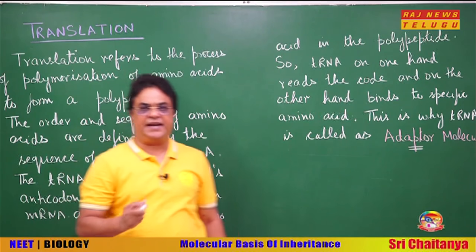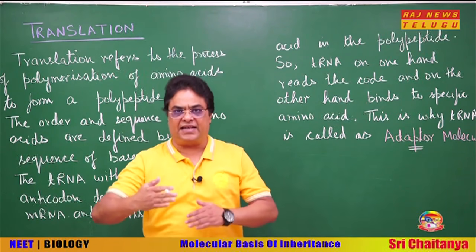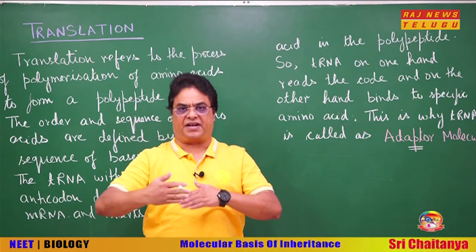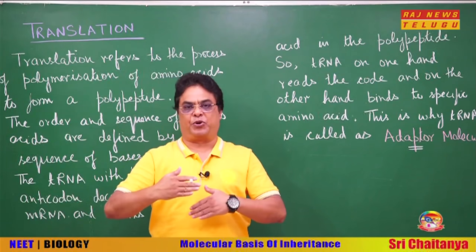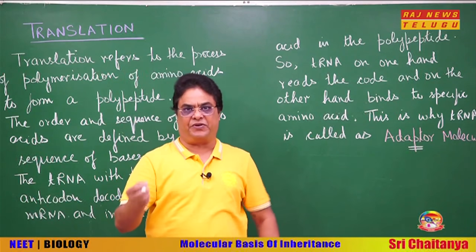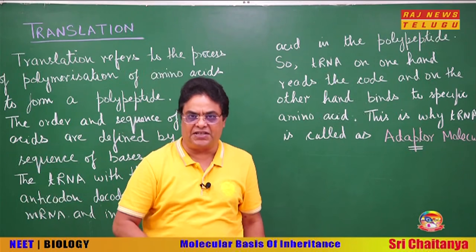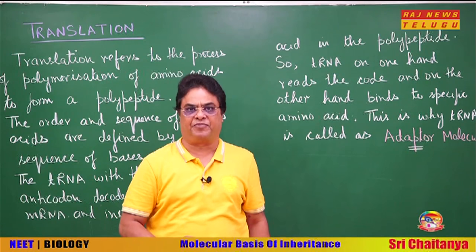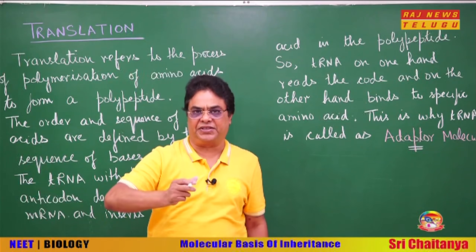Now, students, the interesting thing is that, although there is no complementary relationship between the mRNA and the protein, still a change of nucleotide in the mRNA or corresponding DNA causes a change in the amino acid of protein, so it was certain that there is a relationship.